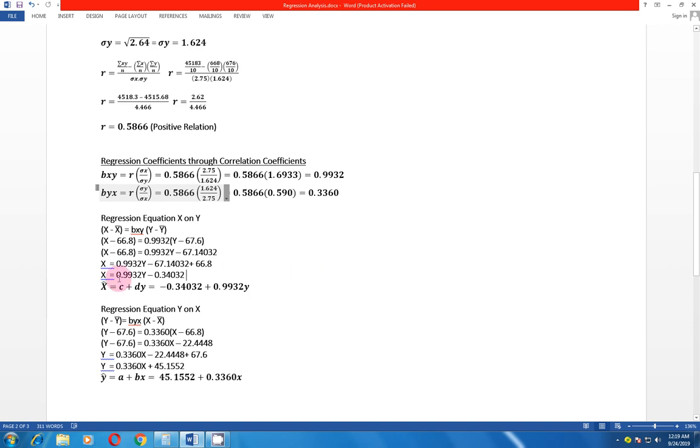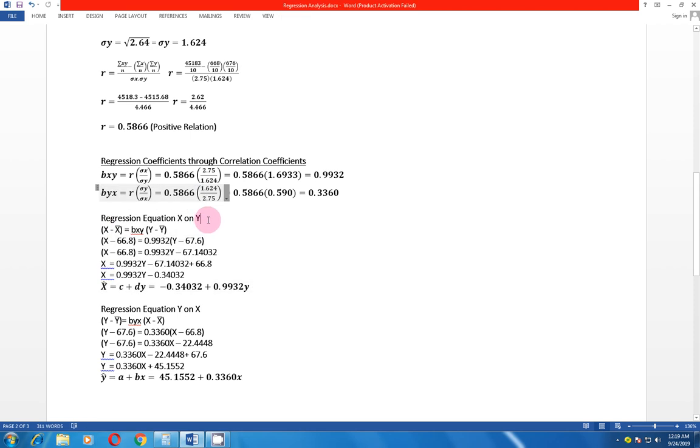If we calculate x hat equals c plus dy, this relationship is only given for you to understand the calculation when the x variable depends on the y variable. Normally, as I said earlier, the y variable depends on the x variable, but this is the reverse case, only given for your knowledge.